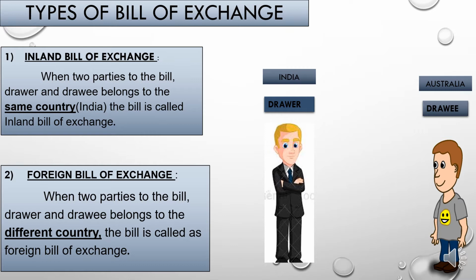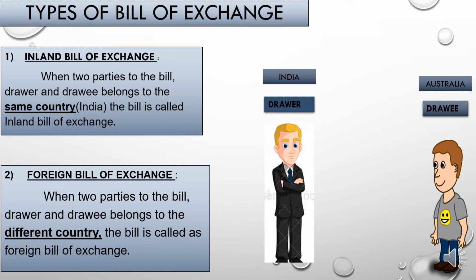That is, both the parties are from different countries. The drawer from India draws a bill on the drawee from Australia. Then this bill is known as foreign bill of exchange.